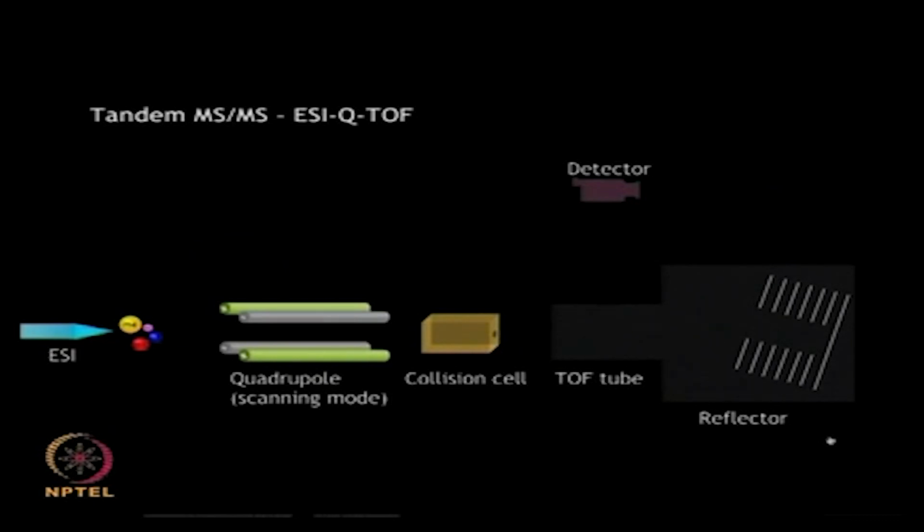ESI-QTOF is another commonly used tandem MS configuration that first selects ions in a quadrupole. The selected peptide is then fragmented in the collision cell, and the resulting ions are accelerated and resolved on the basis of the time of flight.